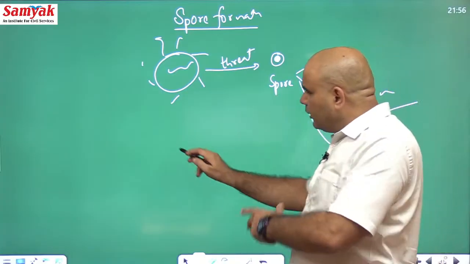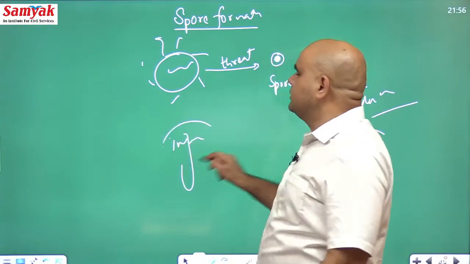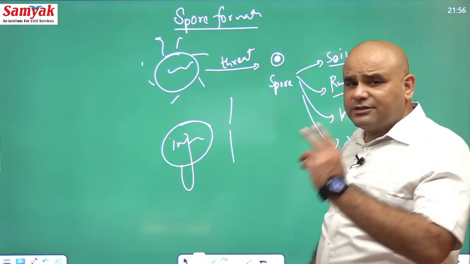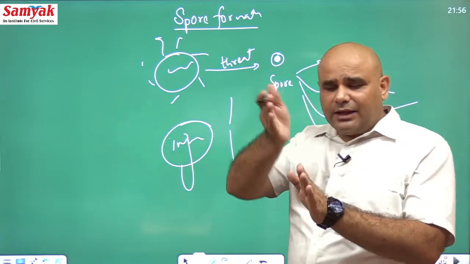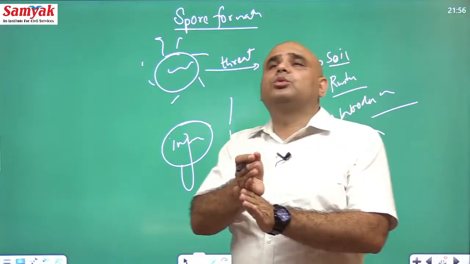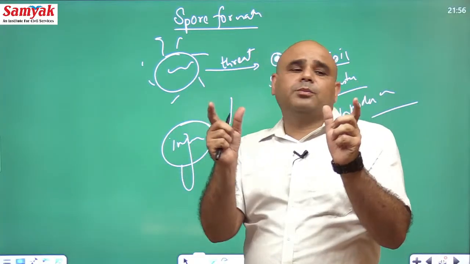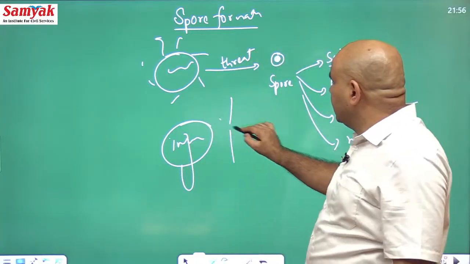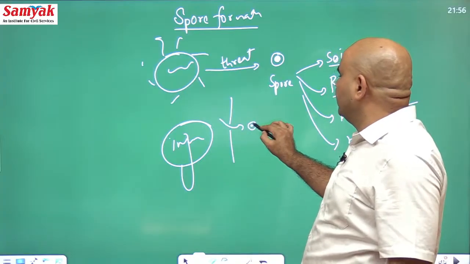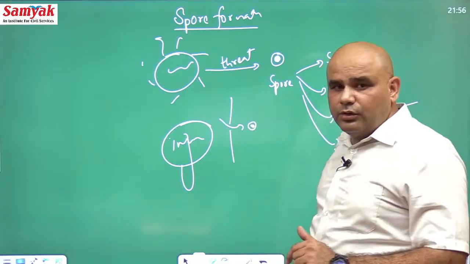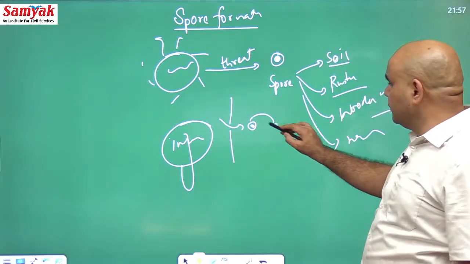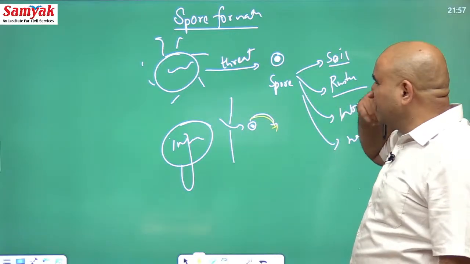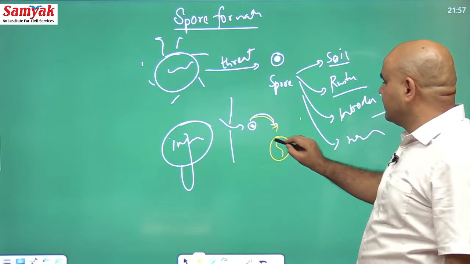So whenever you face any kind of injury, your skin will be disrupted, because your skin is a continuous barrier. Whenever an injury ruptures your barrier, the spore will enter into your body, and when the spore enters your body, it will get converted into the bacterium.